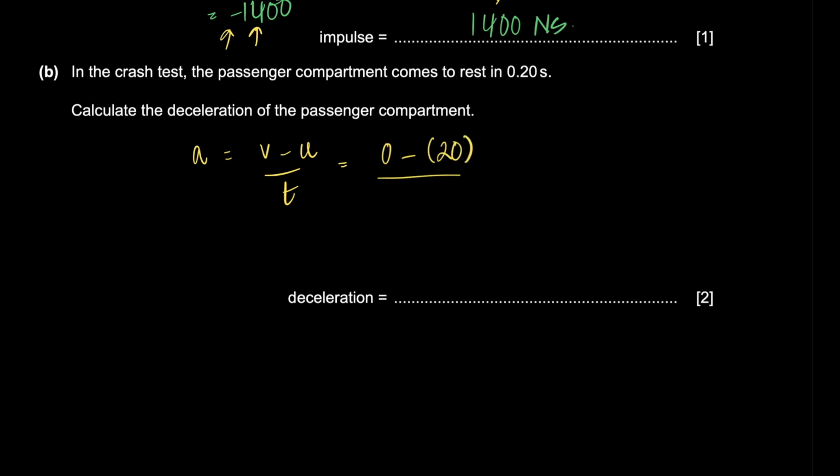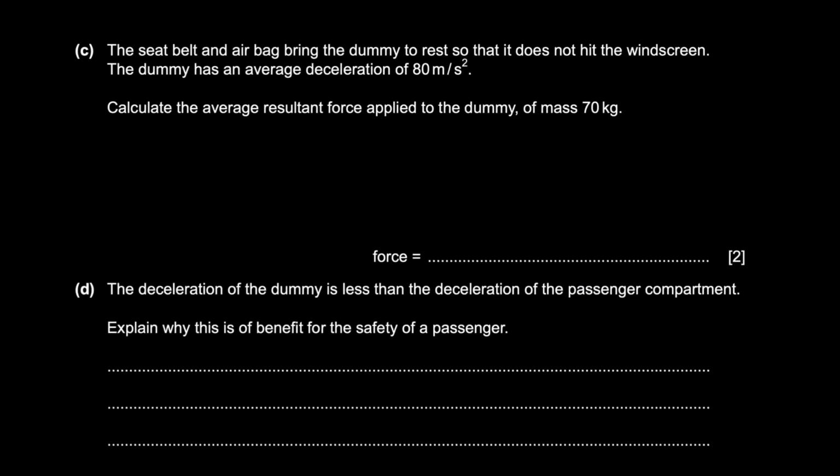Divide that by time, 0.2. And you should get acceleration is negative 100 meter per second squared. Negative because it's deceleration, or it's towards the right against our frame of reference. Either way, the answer is meter per second squared.